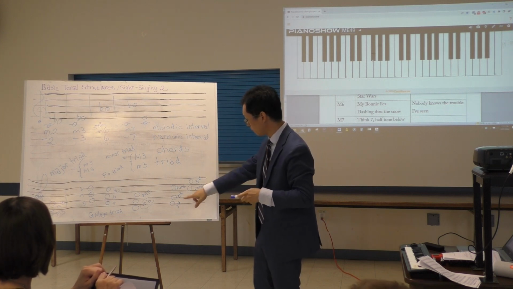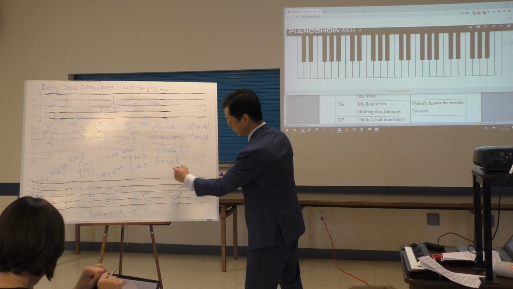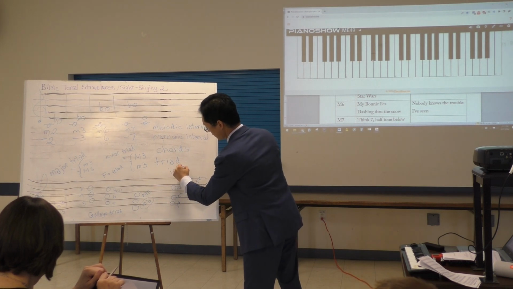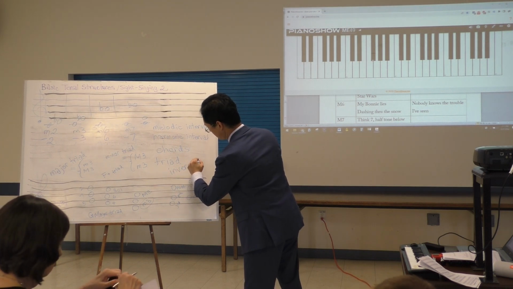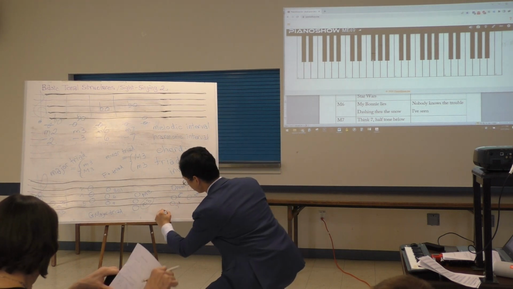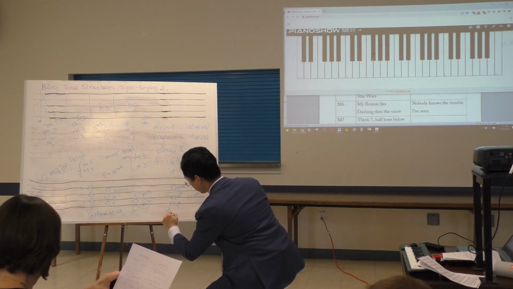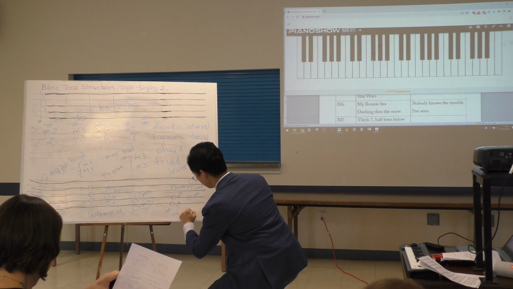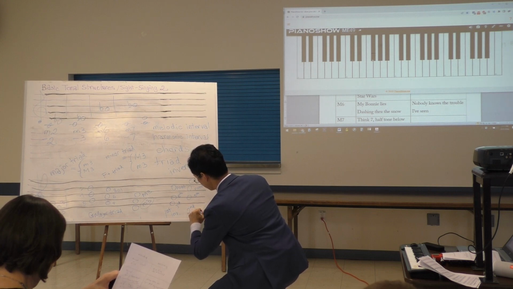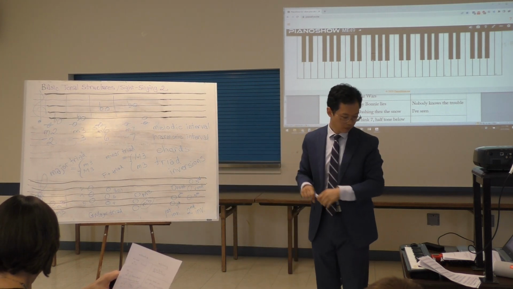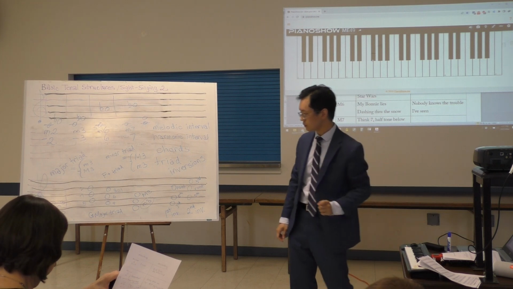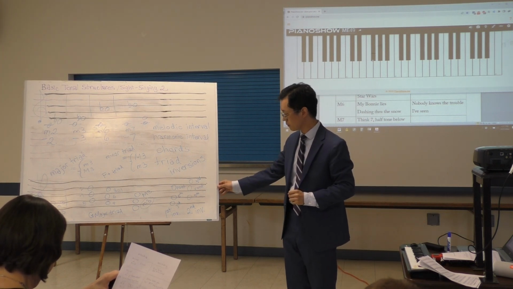These are called inversions. This is first inversion with the 3rd on the bottom, and if the 5th is on the bottom, it's called second inversion.